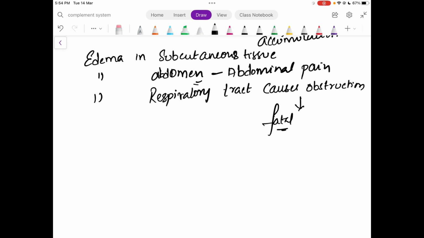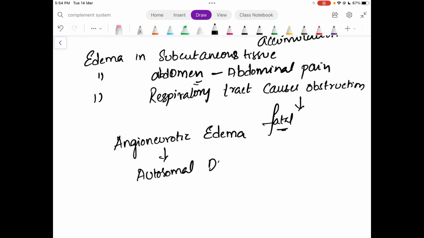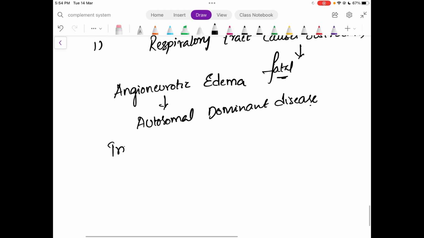Okay, this is called as angioneurotic edema, and this is an autosomal dominant disease, and this can be triggered by emotional stress and trauma.